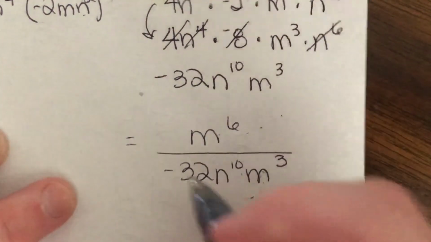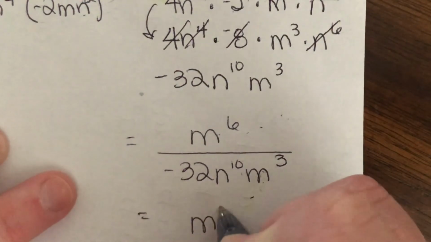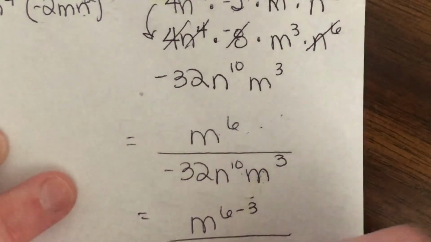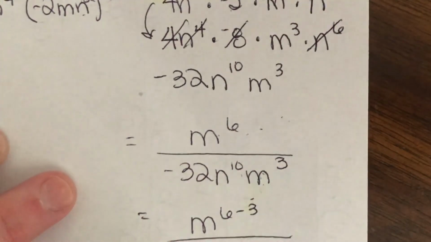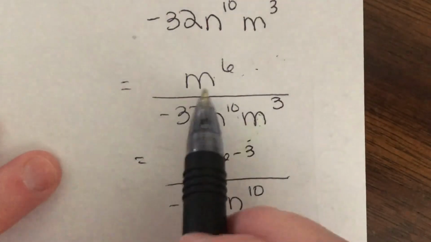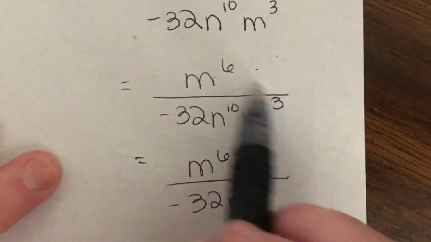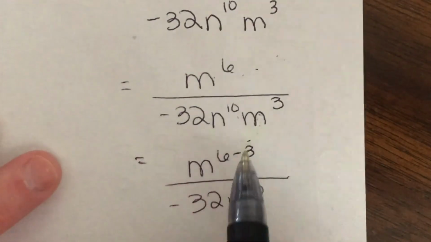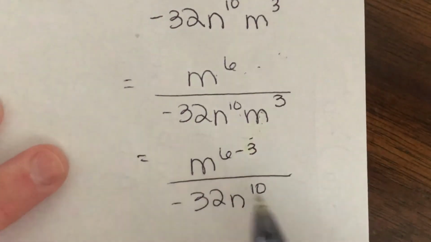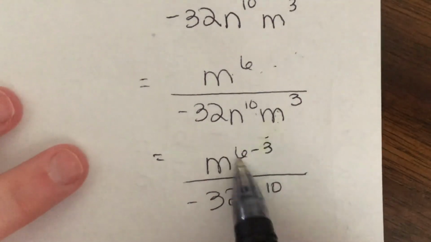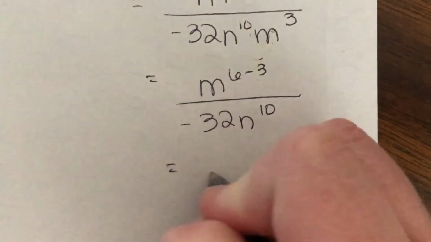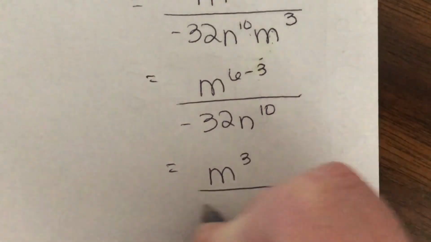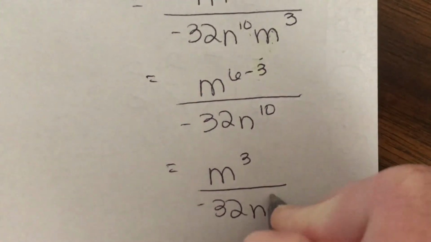So this is going to become m to the 6 minus 3 all over negative 32 n to the 10th. So this m divided by m, I just wrote it in the top, 6 minus 3. Okay, and last thing to simplify now, 6 minus 3 is 3, so that becomes m to the third power over negative 32n to the 10th.